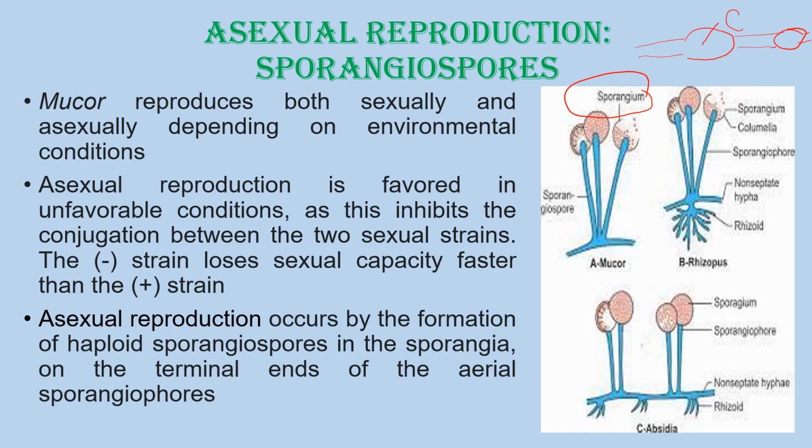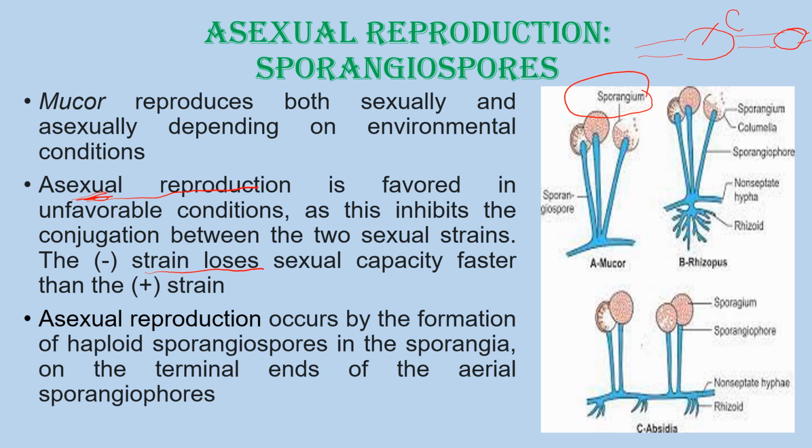The asexual reproduction occurs under relatively unfavorable conditions, which means that during a little amount of drought or water stress or high temperature, this type of asexual reproduction occurs. And sexual reproduction occurs when the conditions are very conducive.